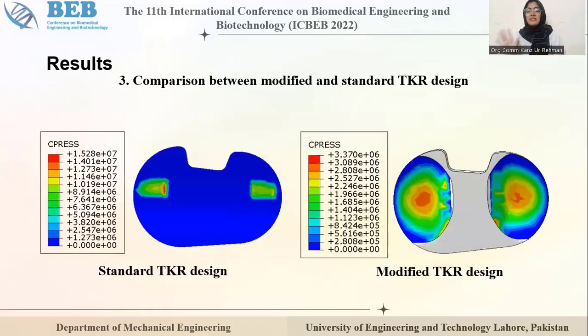Then finally, what's the catch? What's new, and what did we achieve by this modification, right? You can see that in both of these designs, the primary difference is the distribution of the stresses.